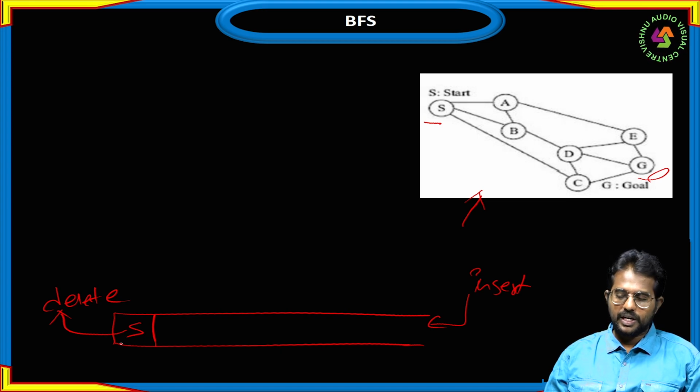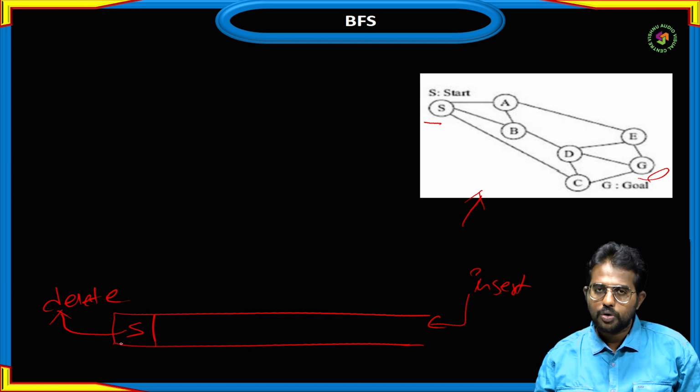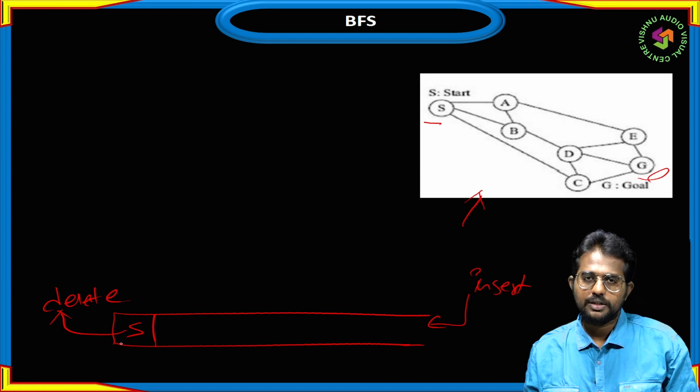First, this is the initial condition. This queue will be having S, and next I will check the while conditions. In this while, there are two different conditions. The first condition is whether the goal node is reached. Until now the goal node is not reached, so it is true. The next condition is whether the queue is empty. The queue is not empty, so I will execute the while statements.